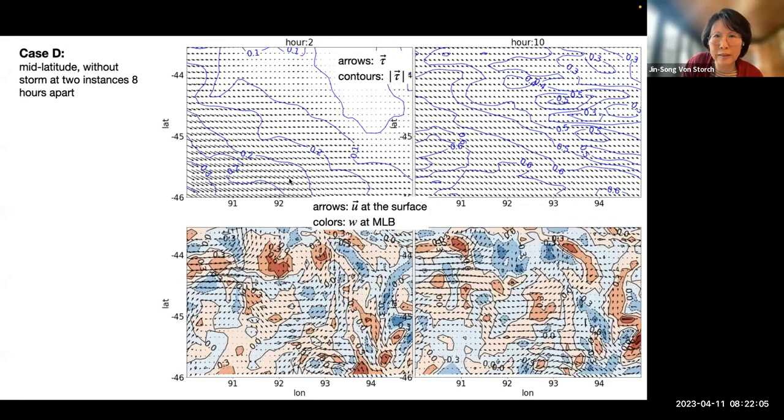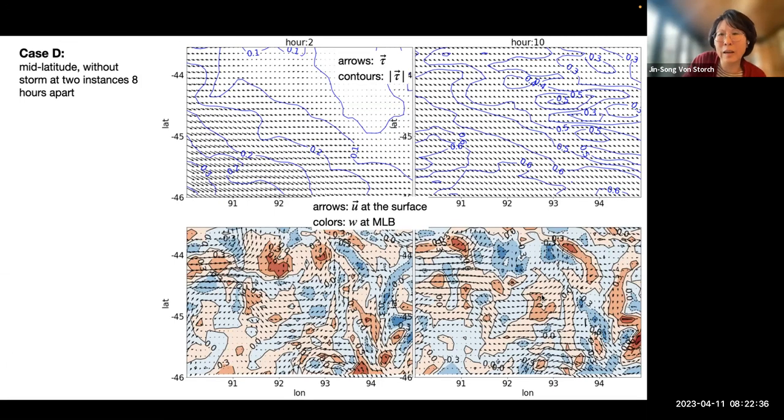So similarly, in this case, this is a quite standard case where you have the westerlies in the winter hemisphere, and in the ocean there's an overall tendency for the flow to move westward, but there's a lot of structure there, and this structure basically stays the same during these 2 time steps.